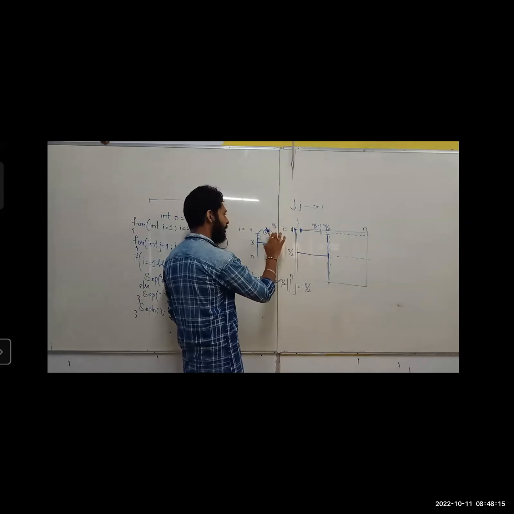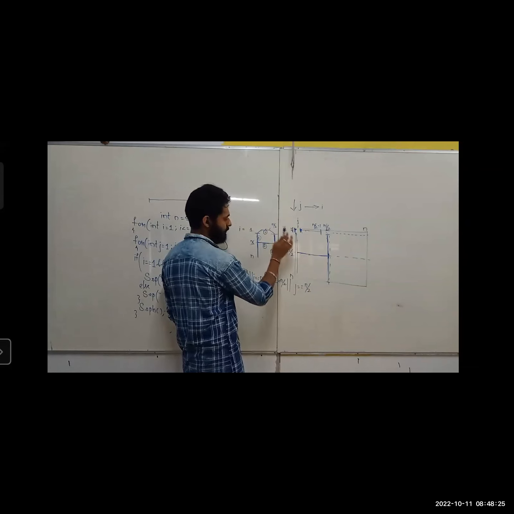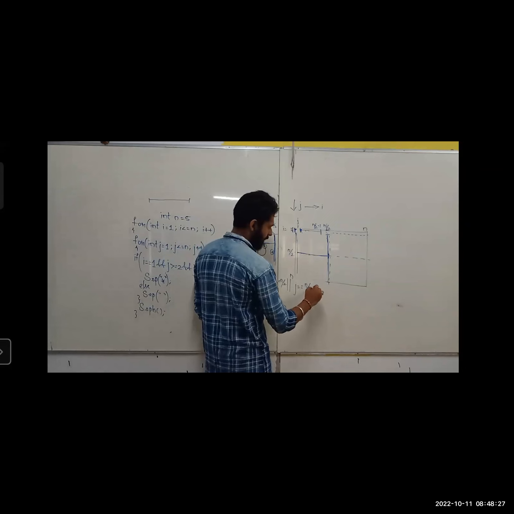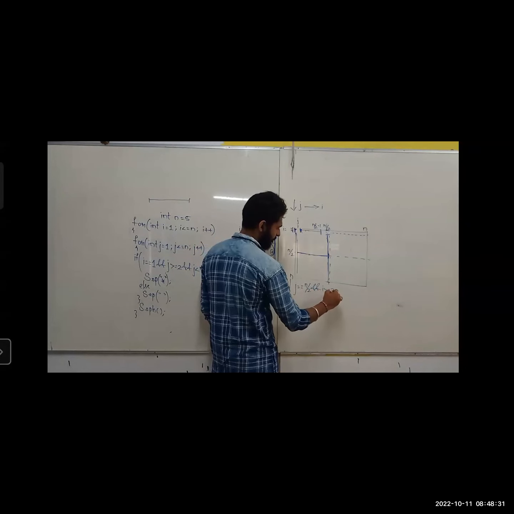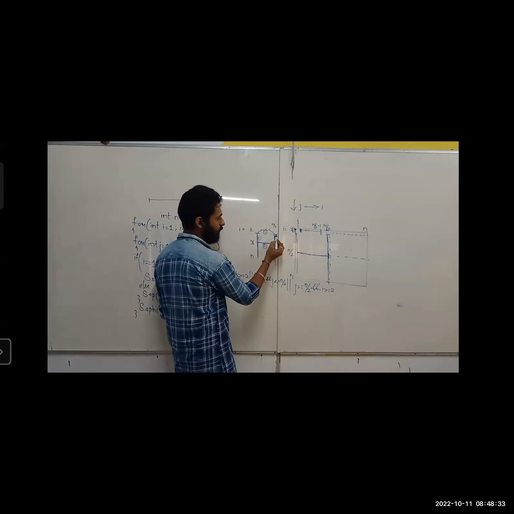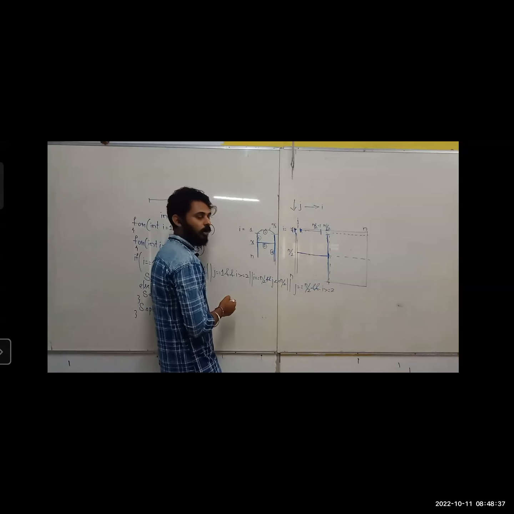Okay. But horizontally, I'm going to say that it should not start from here. It should start from here. Then what should I say? And i greater than or equal to n by 2. Means now it will start from here. Yes. Got it? All of you.